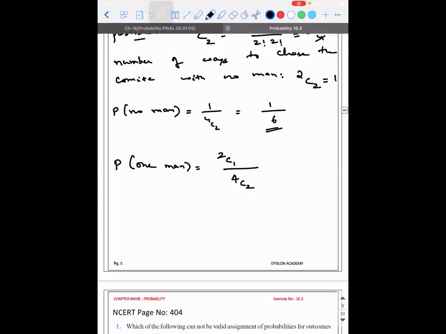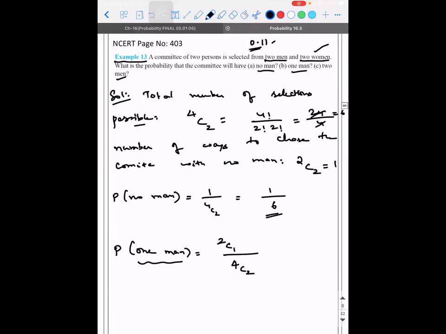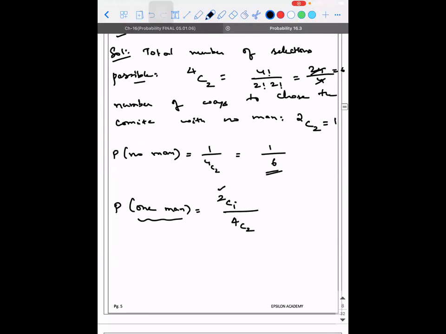Did you understand how I wrote 2C1 and what should I write? So the probability of getting one man means how many men? What is the probability that the committee has only one man? From the 2 men available, you need to choose how many men? One man. So out of the 2 men available, I'm choosing one. And what is the next step?